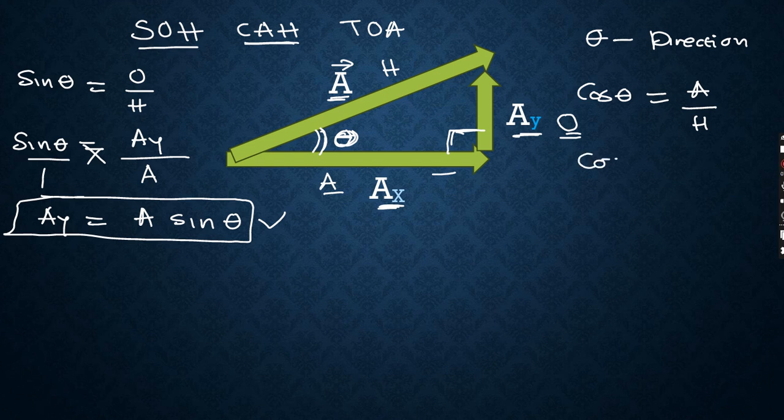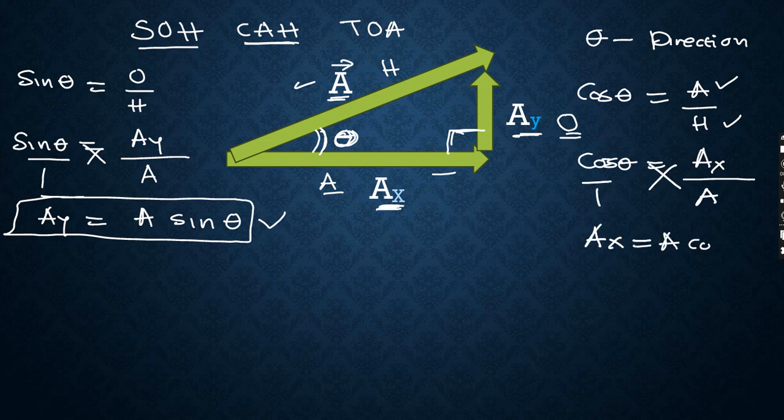So we're going to say cosine theta equals our adjacent, which is Ax, the x component of vector A, over the hypotenuse, which is the magnitude of vector A. To solve for x, as usual, we cross multiply. We get Ax is A cosine theta. I'm even enclosing these in boxes so that you know they are very important for you.